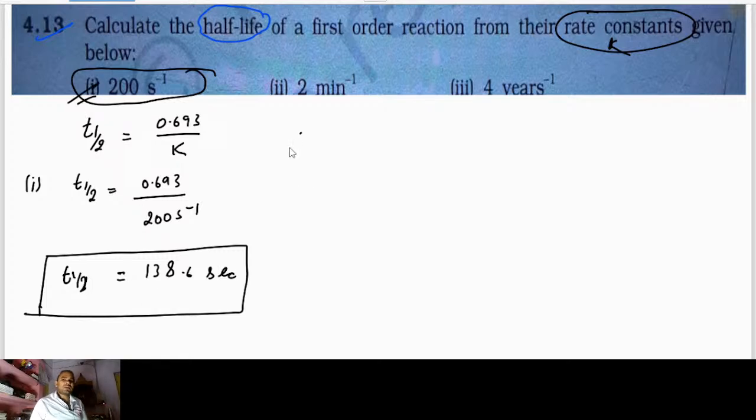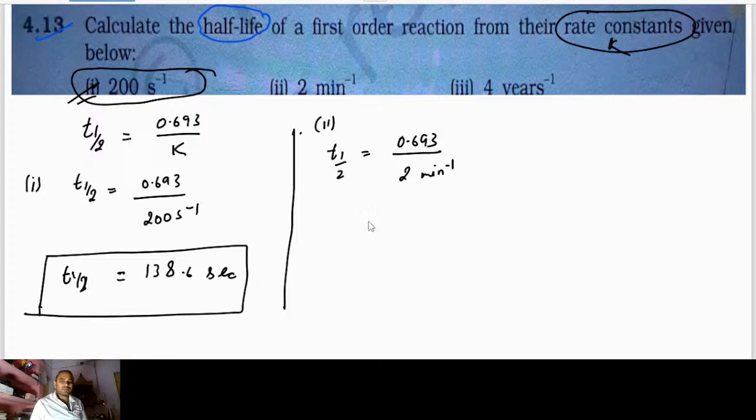Now let us go with the second one, student. Here I am writing t half is equal to 0.693 upon the k value, which is 2 minute inverse.